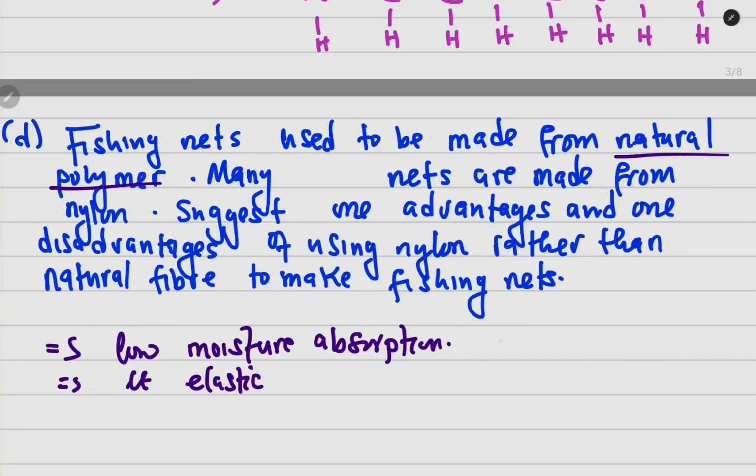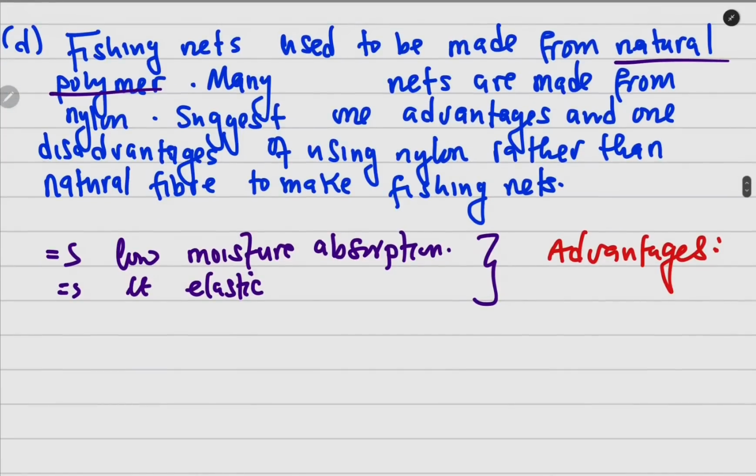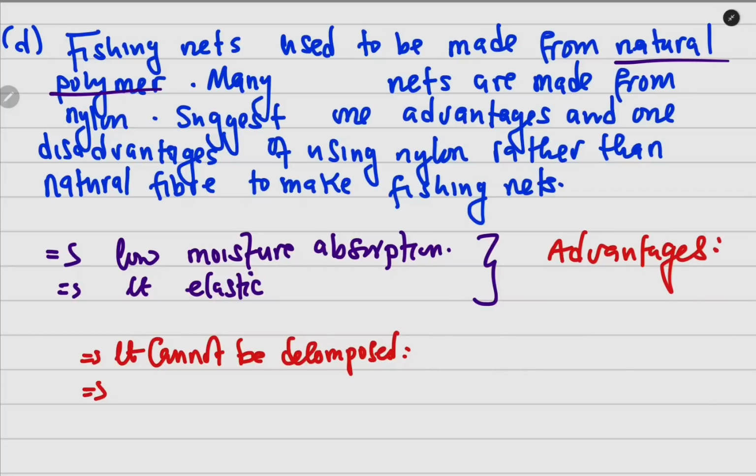But now coming to the disadvantages, so these we can put as advantages. Now when it comes to the disadvantages, we can talk of nylon being non-biodegradable. So we can say it cannot be decomposed. Then what is the other thing? It is not fire resistant.